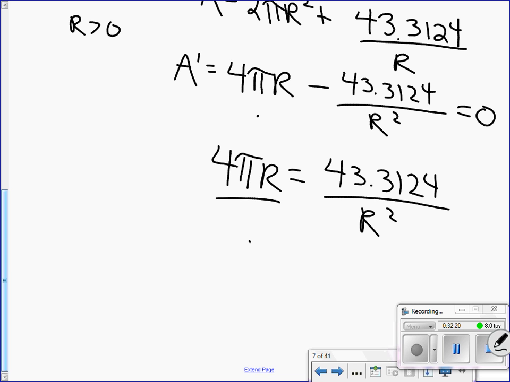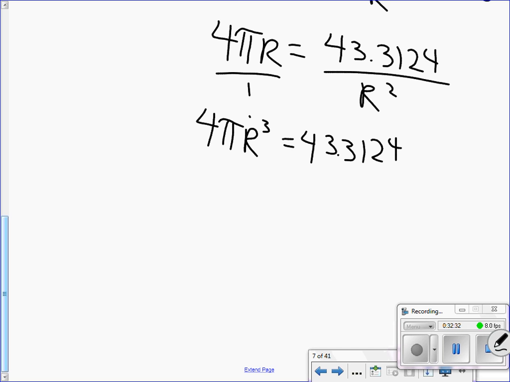Now, if you cross multiply, we have 4 pi r cubed equals 43.3124. You're going to divide by 4 pi and take the cube root. Do you think that this can is optimal?